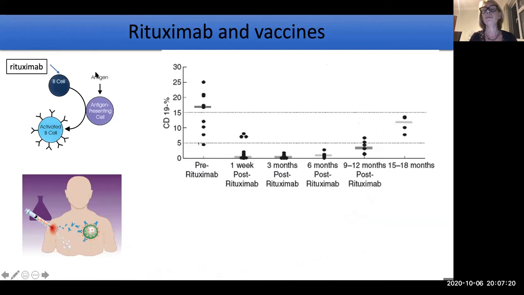Now, the antigen could be an infection, or that antigen could be a vaccine. And when you stimulate a B cell with a vaccine, it produces activated B cells, which is what you want. If we're going to reduce your B cells right down, it doesn't matter how much vaccine you're going to give a patient, you haven't got any cells there to produce these antibodies.